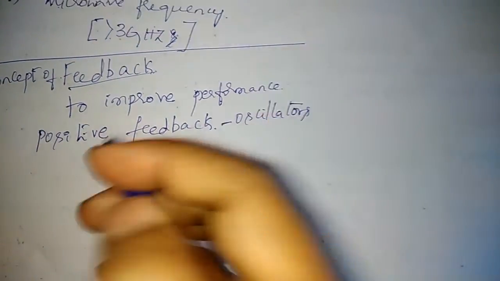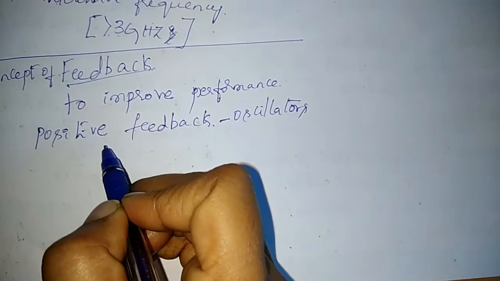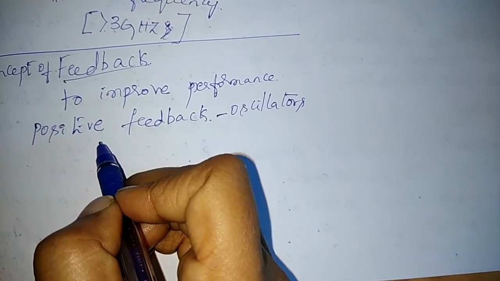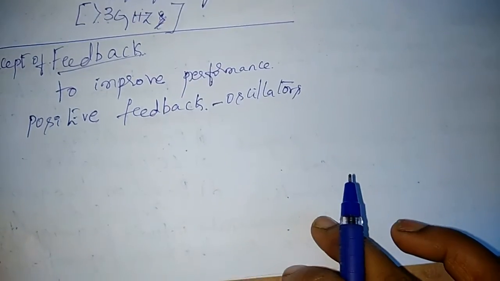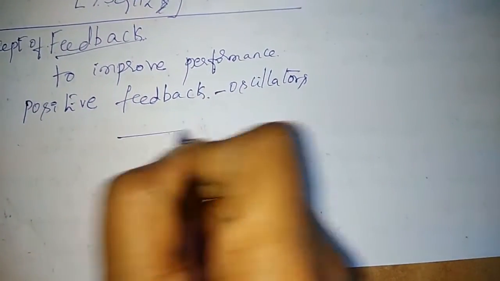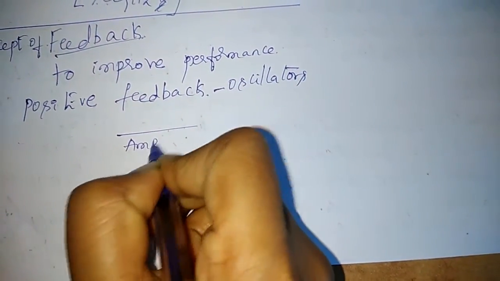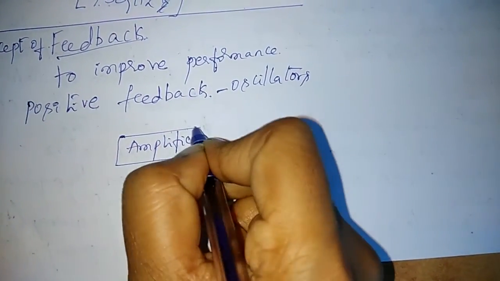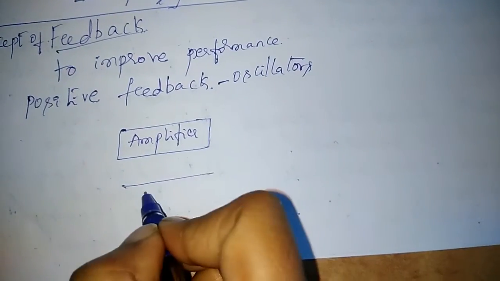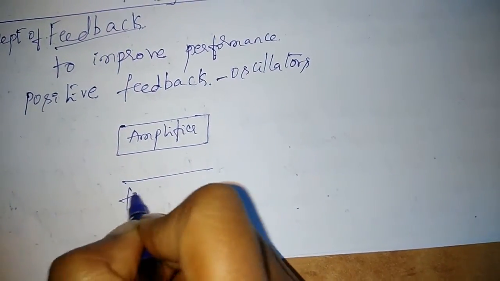So what is this positive feedback? It is the feedback signal that will be in phase with your source input. So here we have an amplifier, and here we have a feedback network.